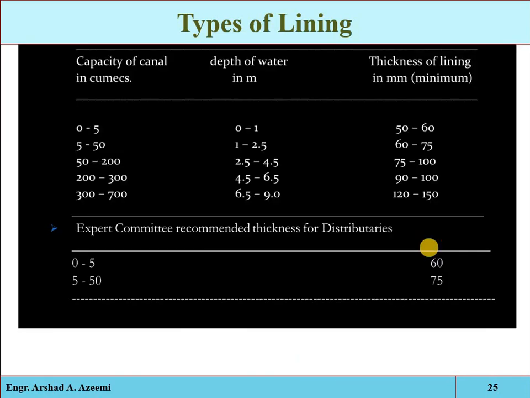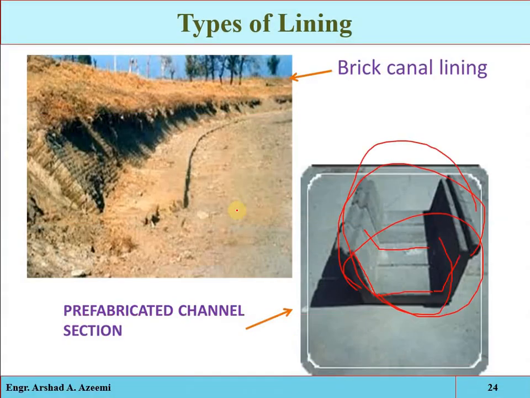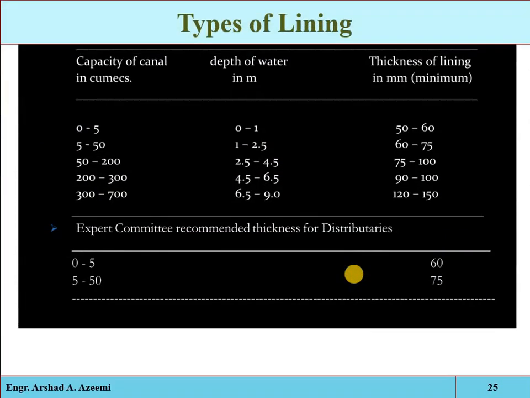Also, one important point is that the thickness of the lining depends on the capacity of the canal. The water will have some static pressure, or some moving pressure, acting on the bed and the sides of the irrigation canal.